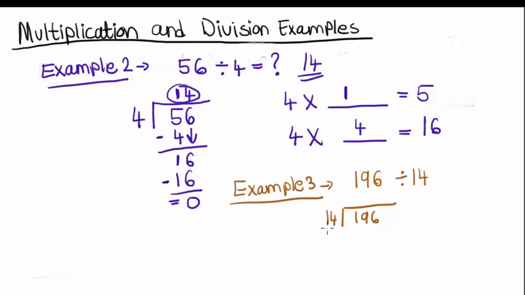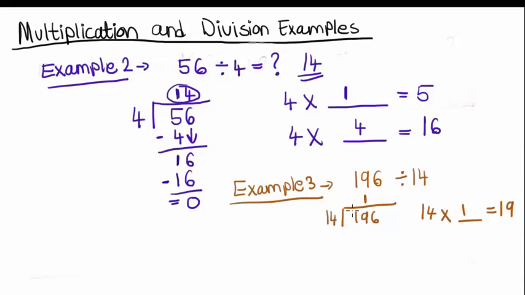Since I'm dealing with two numbers on the outside as opposed to the 1 in the previous example, I need to do a similar process with the first two numbers inside the box instead of the 1. So what number times 14 will get me as close to 19, if not exactly 19? If I do 14 times 1, that gets me 14, which is 5 units away from 19. Since 1 is the number that I'm looking for, I put a 1 on the top over here.